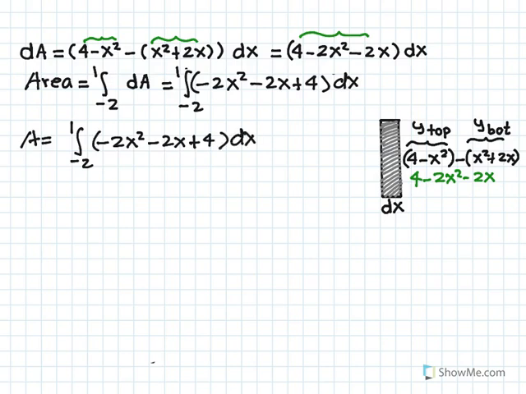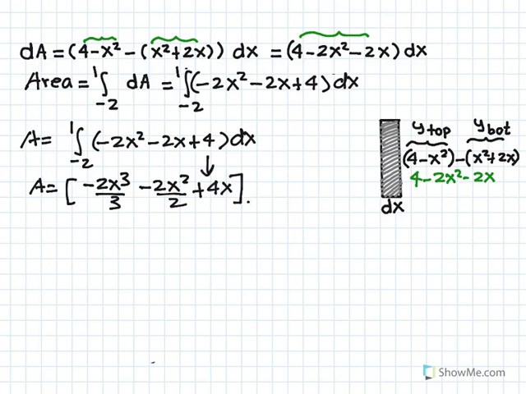We're adding up all these vertical slices in the x direction and finding the total area. So the area is going to be integrating term by term. We're going to get minus 2 x cubed over 3 minus 2 x squared over 2. And what is the antiderivative of 4? The antiderivative of 4 is just 4x.